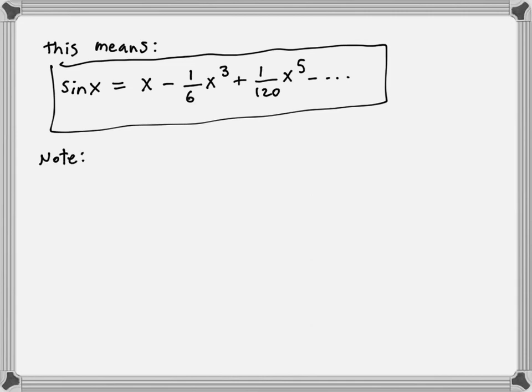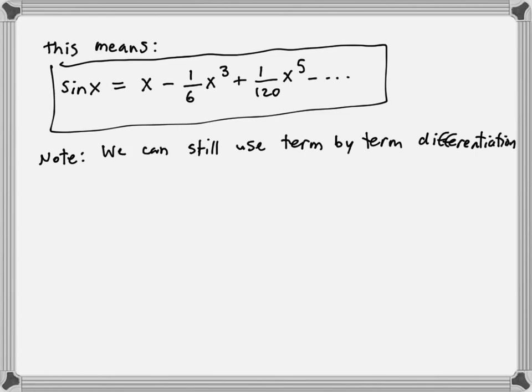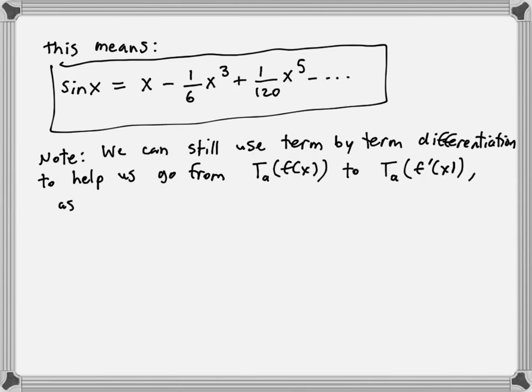Note, we can still use term by term differentiation to help us go from a Taylor series to, for example, a Taylor series of a derivative, as long as the center doesn't change.